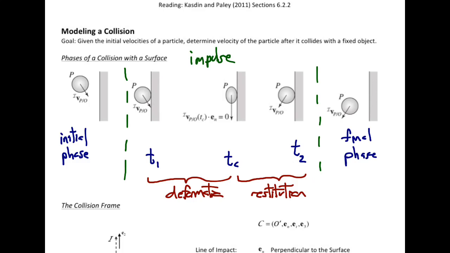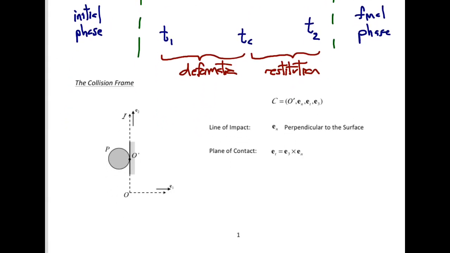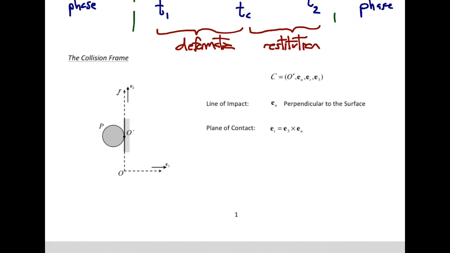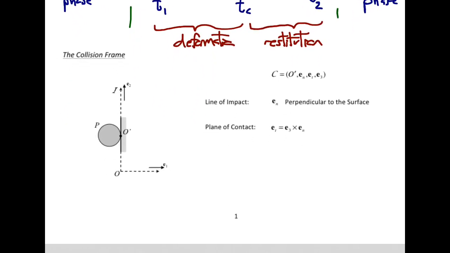Now, a difference is that notice here that the velocity of P with respect to O doesn't give us the plane of contact like what we had before. But instead we need to define the plane of contact differently. And so our collision frame here is going to be based completely on the orientation of the surface.